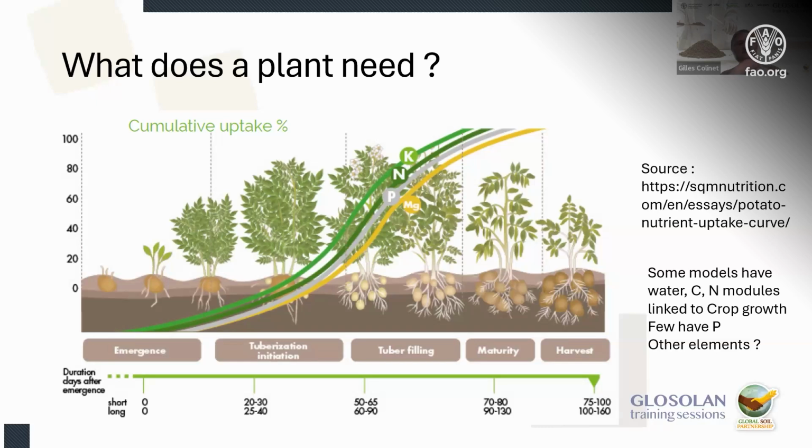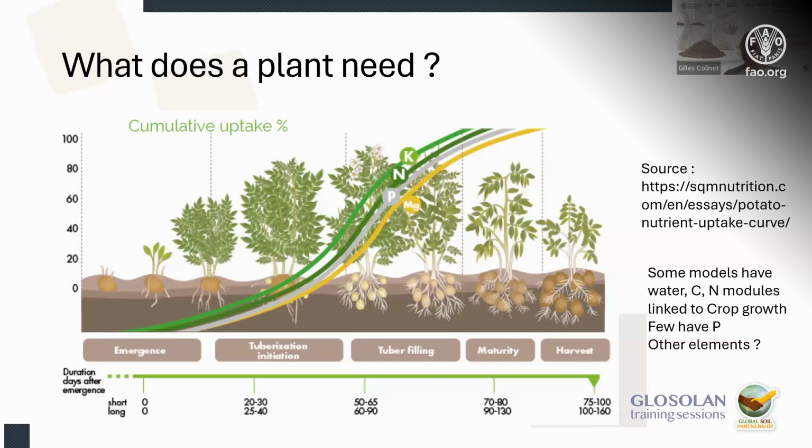It means that during the development, the plant is taking nutrients at different rates, and it depends on their needs. So the needs are not a mean need. It's something that can evolve through time. And what is important is that they find the nutrients when they need it.